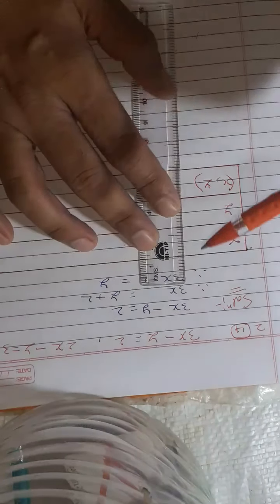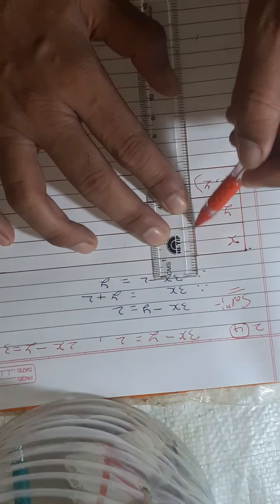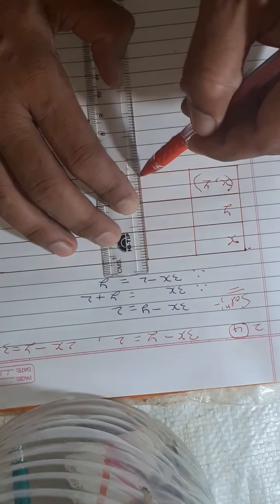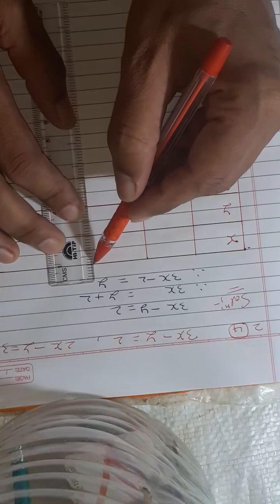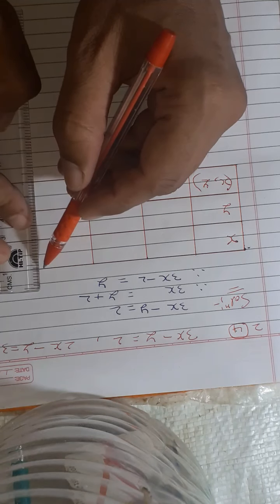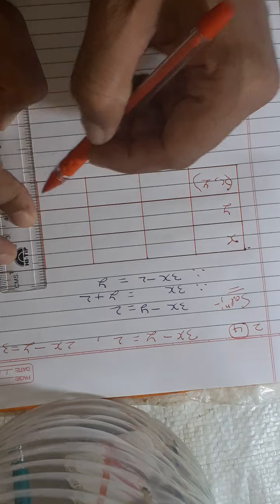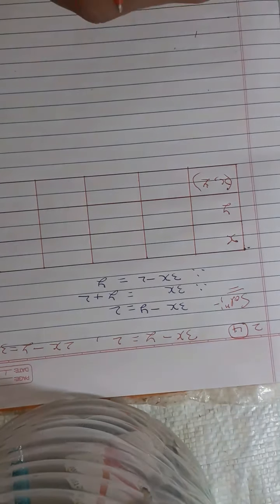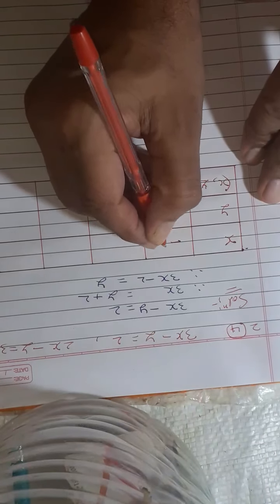Now we have to take 4 values, so we are making 4 lines here. Okay, 4 values are there. Suppose that we are taking x is equal to minus 1.